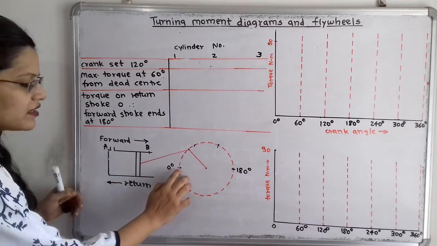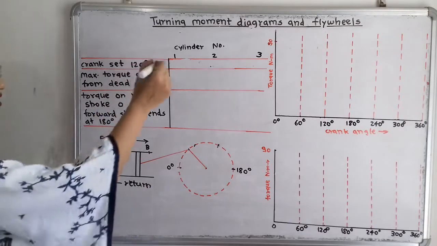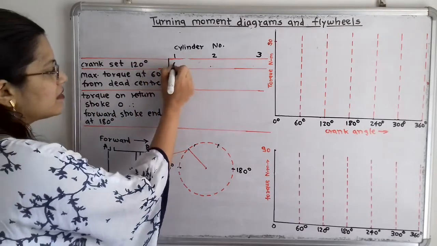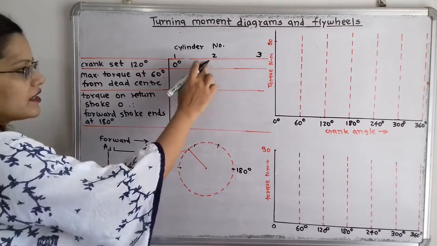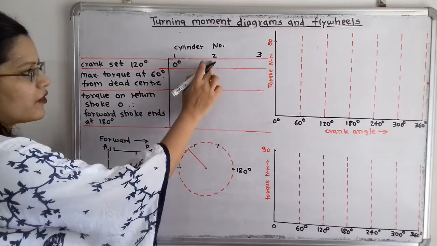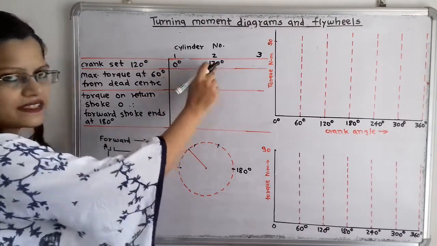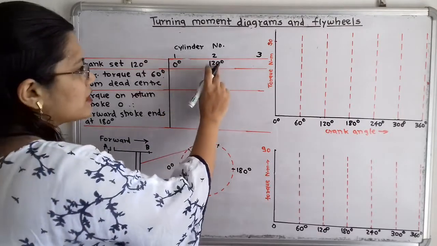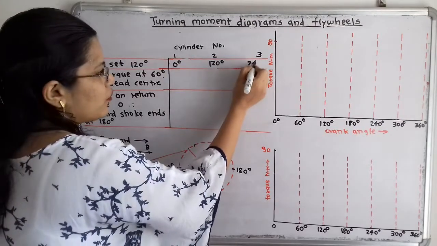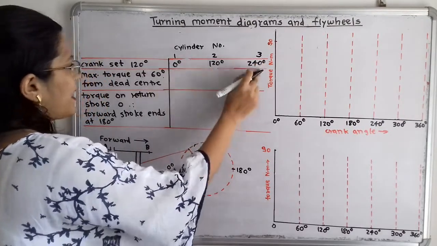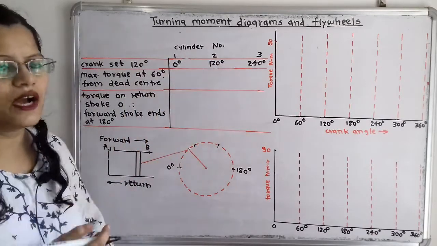For the first cylinder, we consider the crank set at 0 degrees. For the second cylinder the crank is set at 120 degrees, and for the third cylinder again we add 120 degrees, that is 240 degrees. So at these 3 angles the crank of each cylinder is set 120 degrees apart.